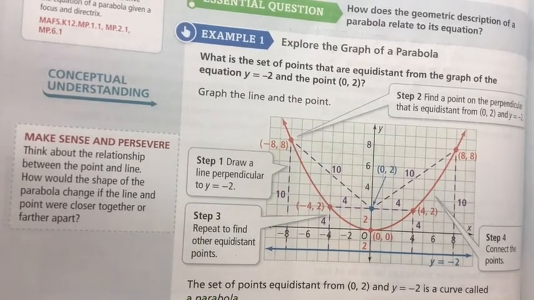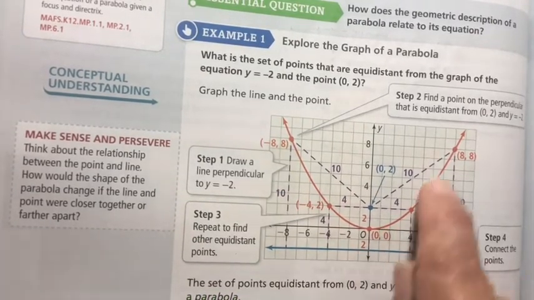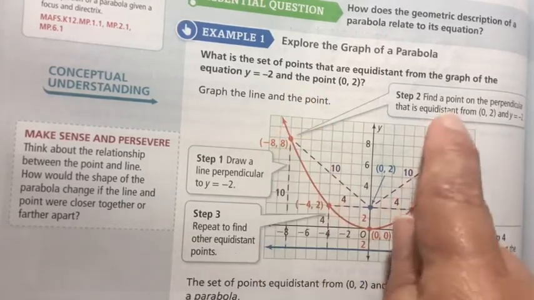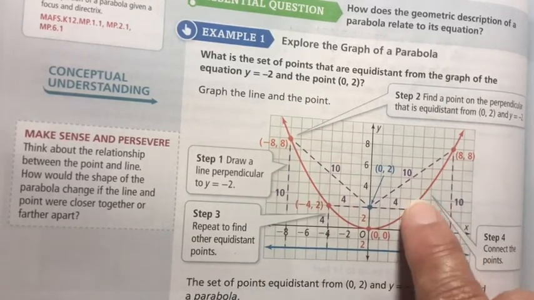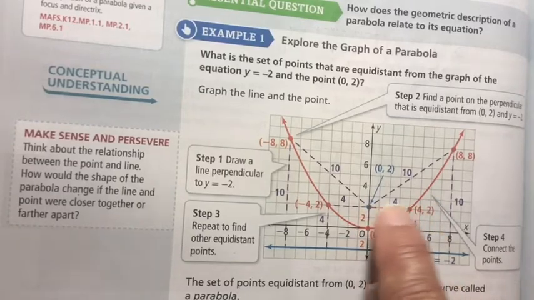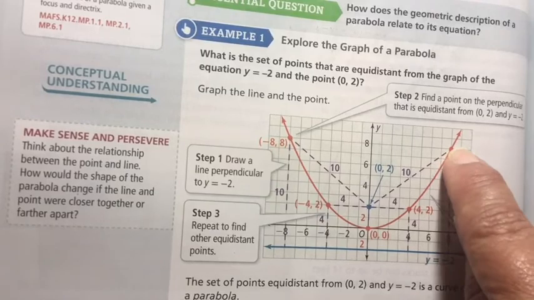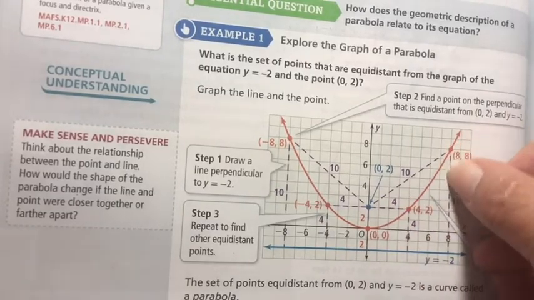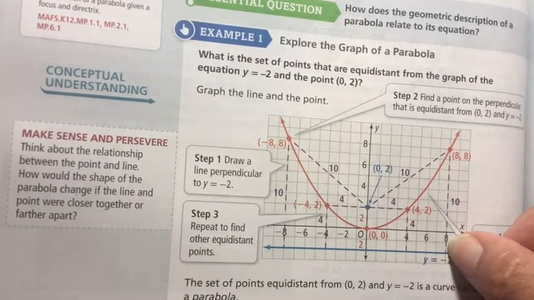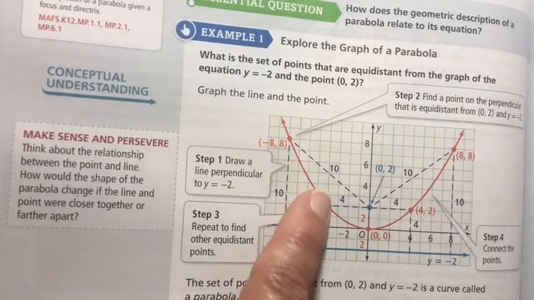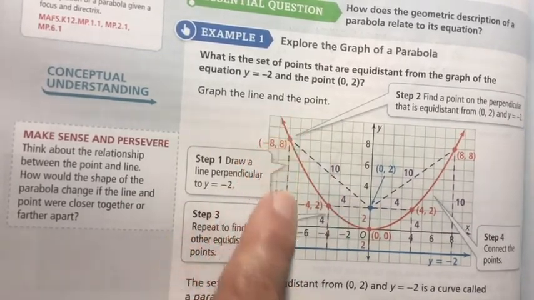What's really neat about the focus and the directrix is that any point on the parabola is the same distance from the focus as it is from the directrix. Like if we look at this point up here, this distance and this distance are the same. Same thing over here in the negative. This distance and this distance are the same.